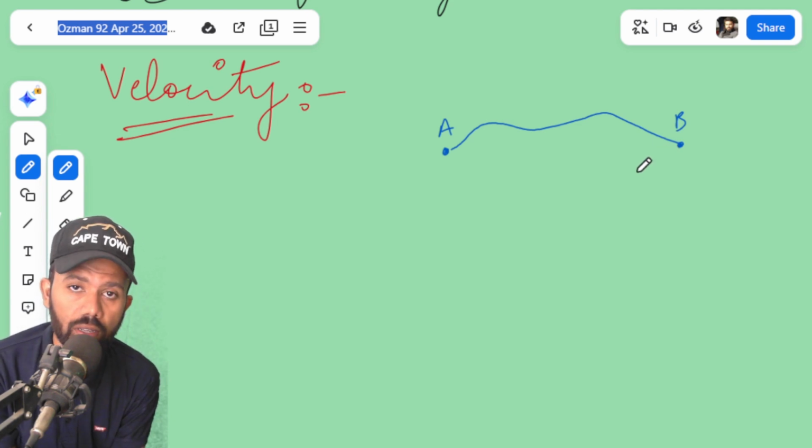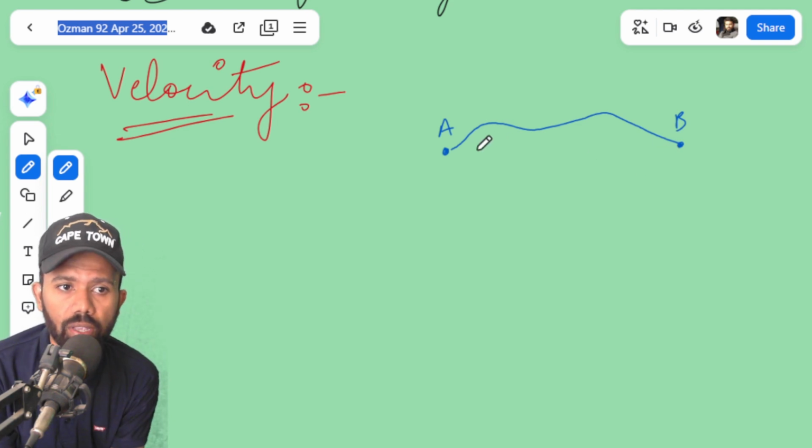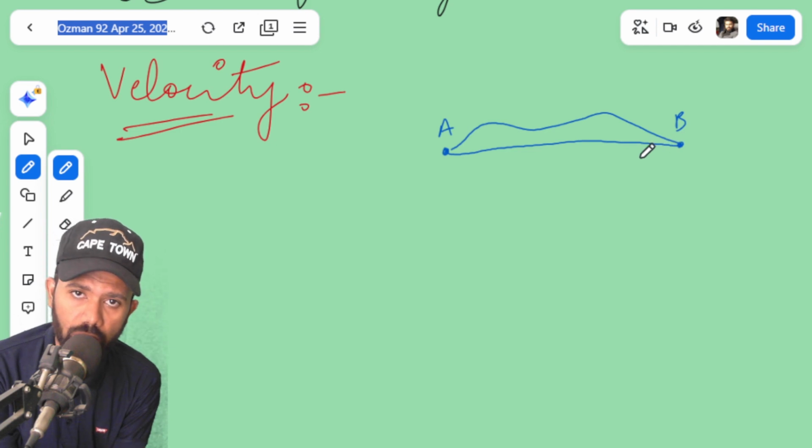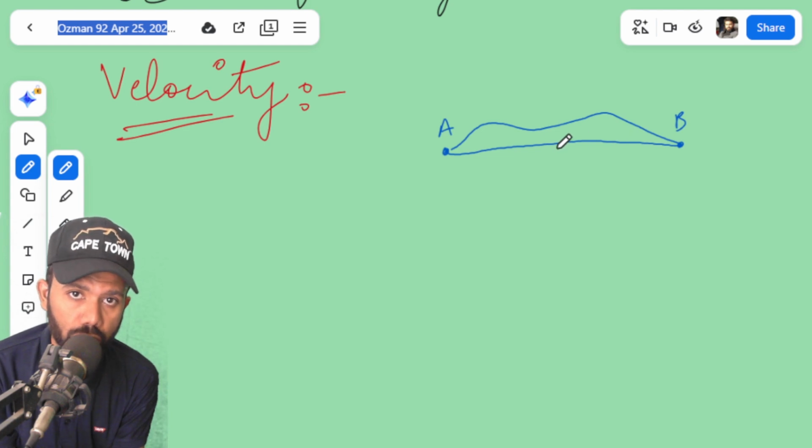This is called a distance, right? But what if you go very straight to B and you do not change your direction and you move in a unidirectional path? And it's also the shortest distance between two points. So the shortest length between two points is called displacement, right?